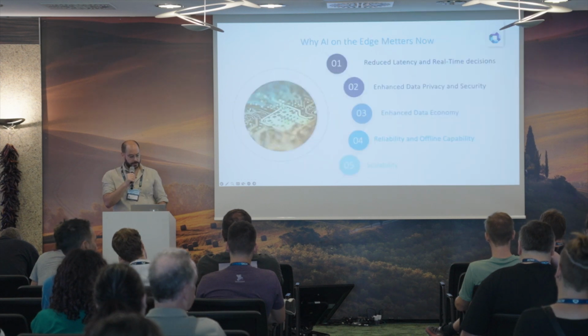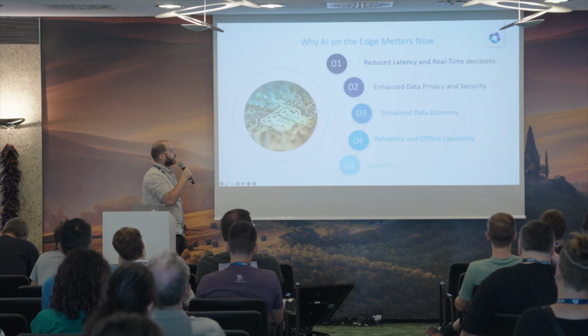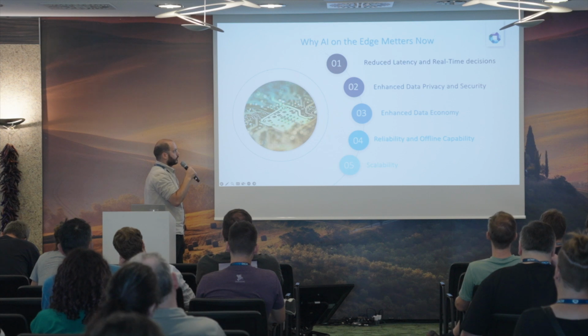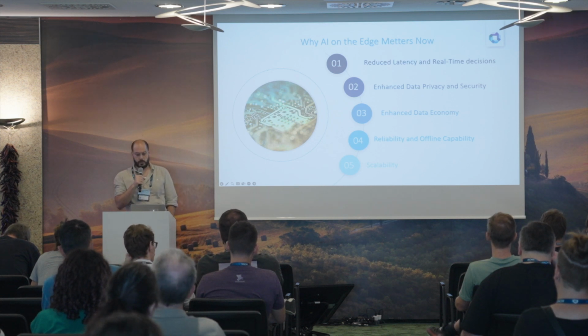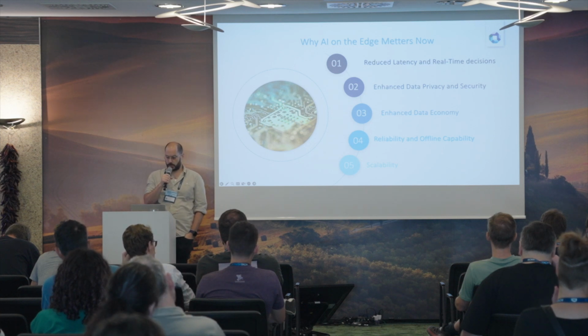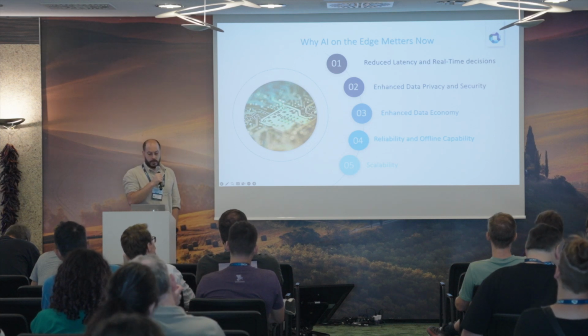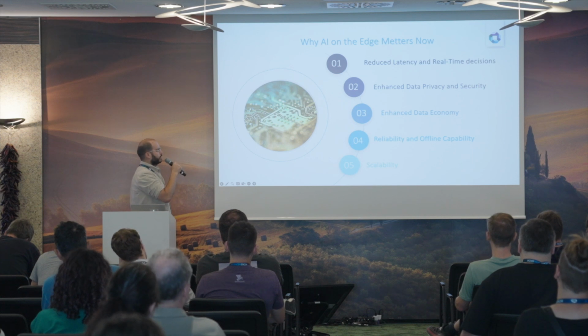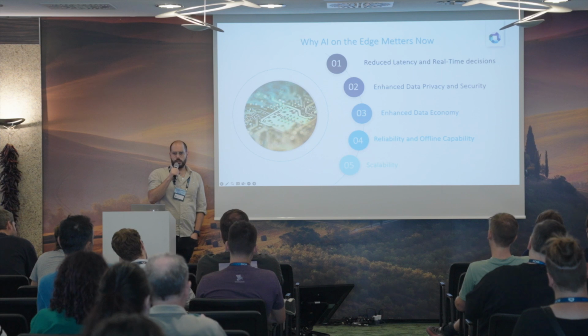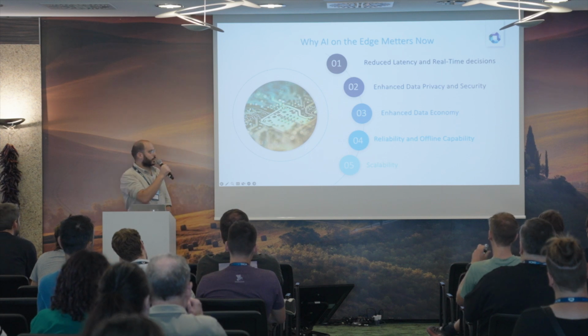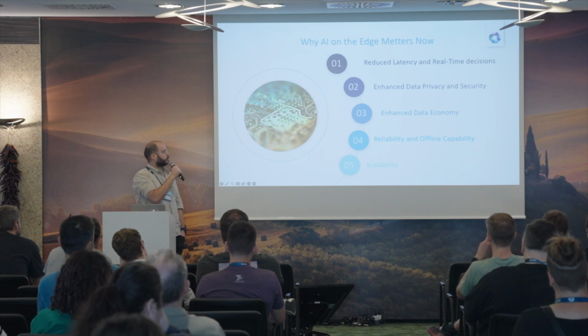Then let's see why AI on the edge matters now. Here are some points. Often we have the requirement that we need to make decisions in real time or near real time.